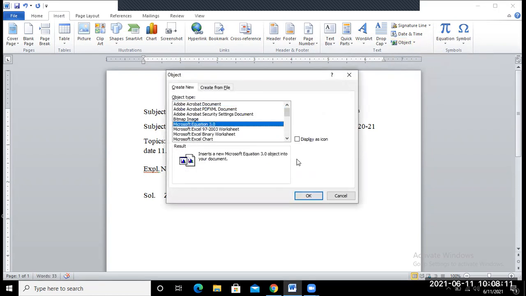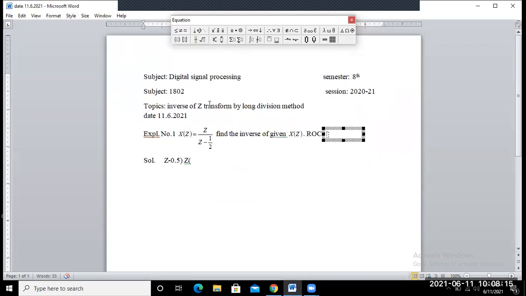If the ROC is magnitude of z greater than 1, then the signal is a causal signal.